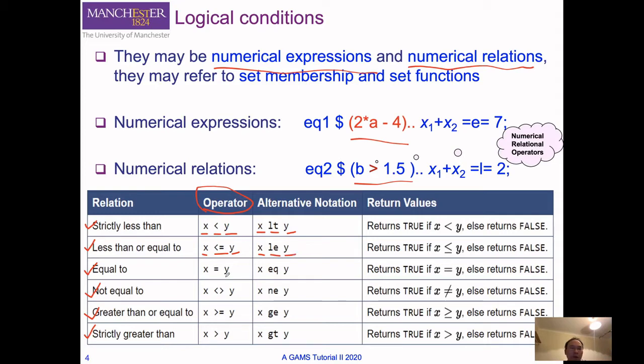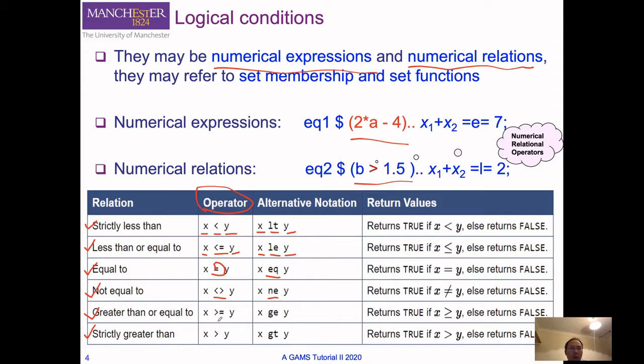If x is equal to y, then we can use the equal sign, or we can use EQ. If x is not equal to y, then we can use not equal to sign, or we can write NE.